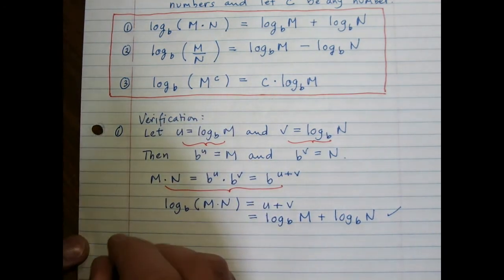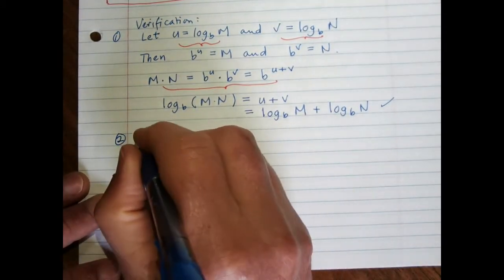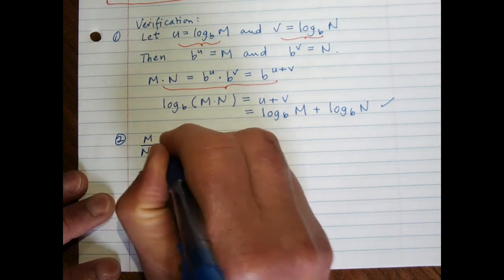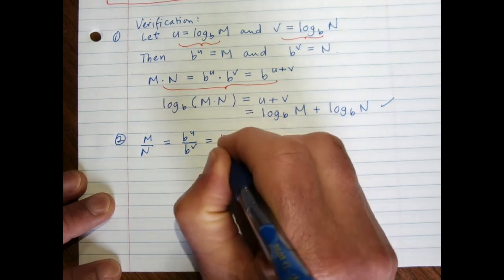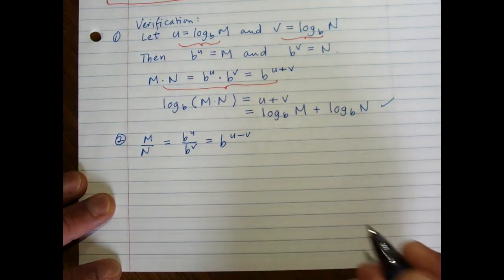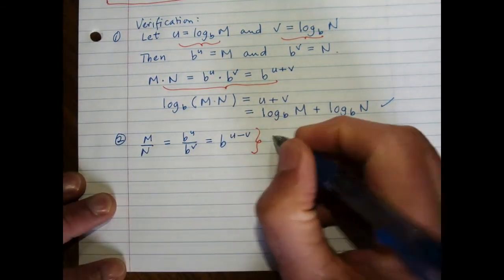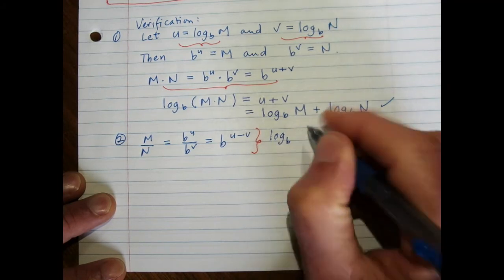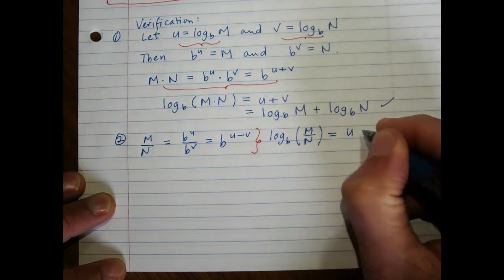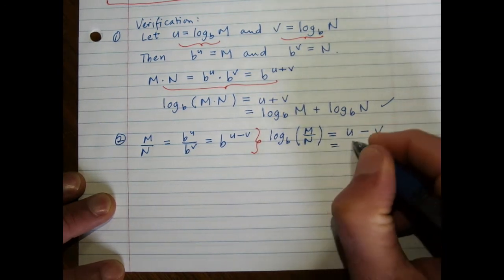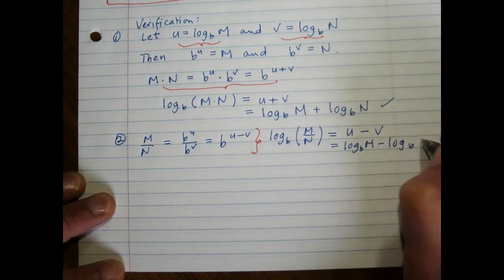For number 2, if we want to verify the second rule, just notice that m over n is b to the u over b to the v, which is b to the u minus v. And so we can say log base b of m over n is equal to u minus v, which is log base b of m minus log base b of n.